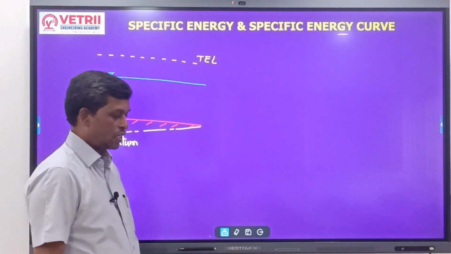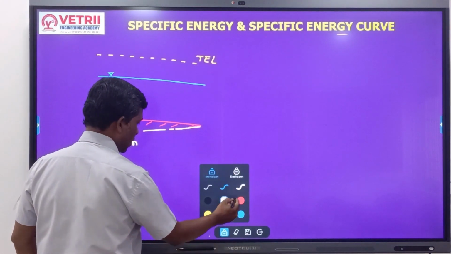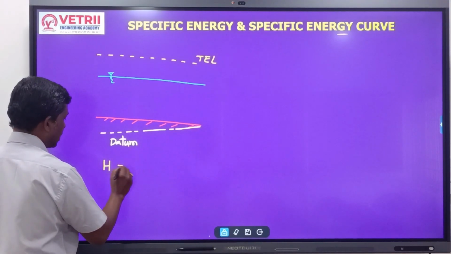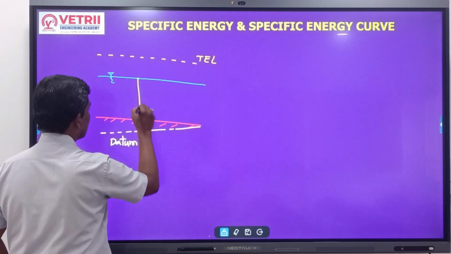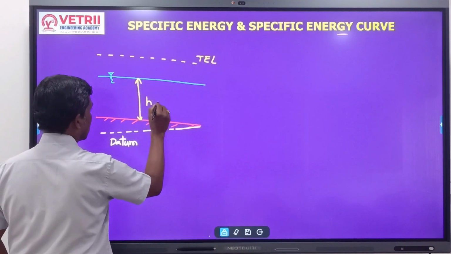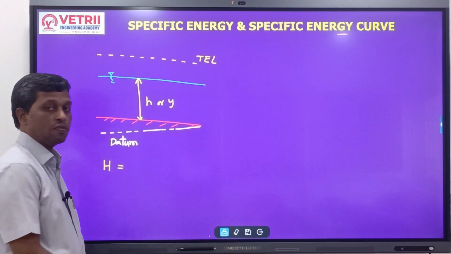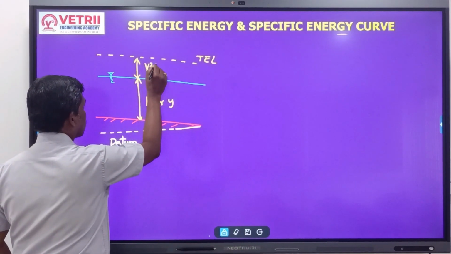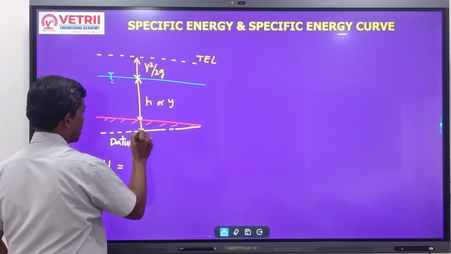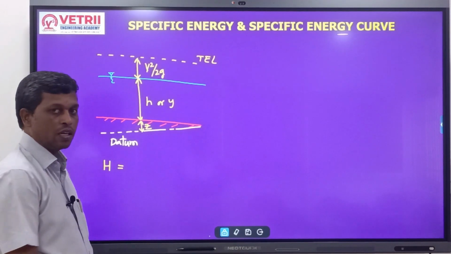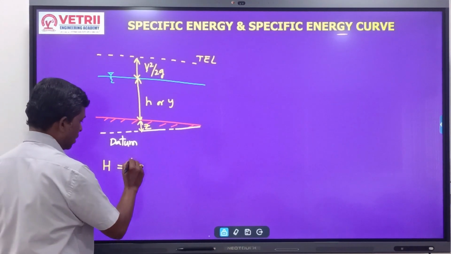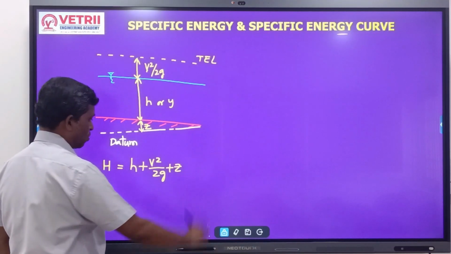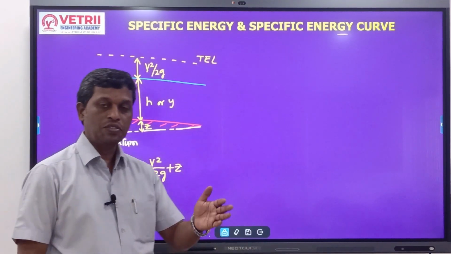So in this case, if you write the total energy or total head, denoted with H, this is nothing but the depth H, or sometimes you may represent this with Y also, and this is our velocity head V square by 2g, and this is the datum head, which is Z. So the total head or total energy we can write as H plus V square by 2g plus Z. This is the total head at any section.